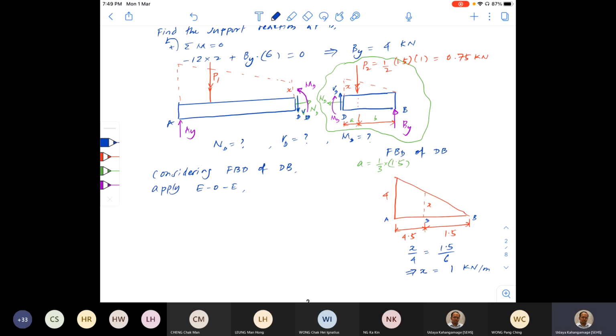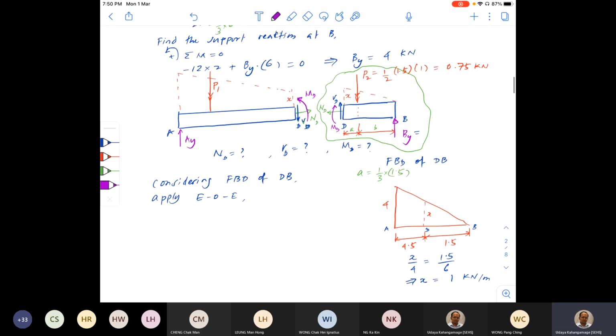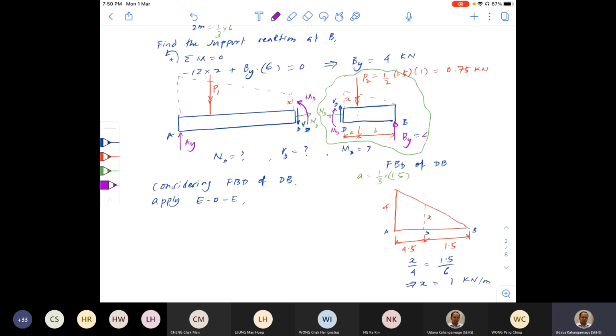Okay, so you are going to write equations of equilibrium for the free body diagram of DB. Our focus is to find out ND, VD, and MD. So we already know the value of BY. We found the BY previously as 4 kilonewton, right? This value is 4 kilonewton.